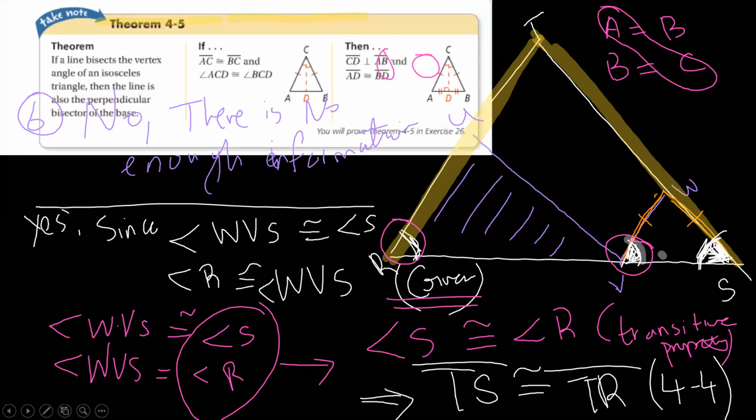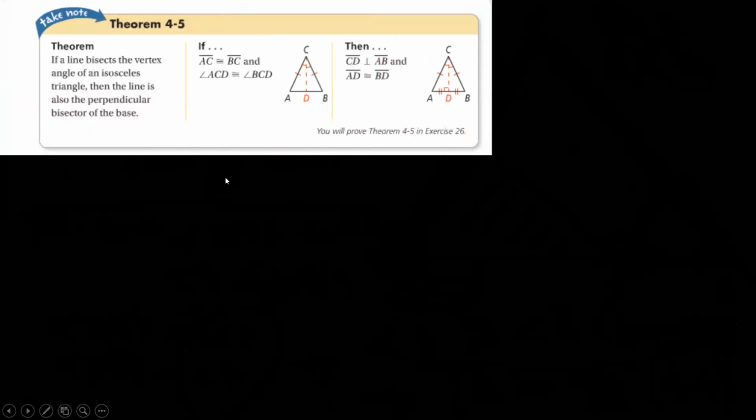Now we are going to talk about another theorem. In this theorem, I want all of you to leave your pencil or your pen and focus with me.